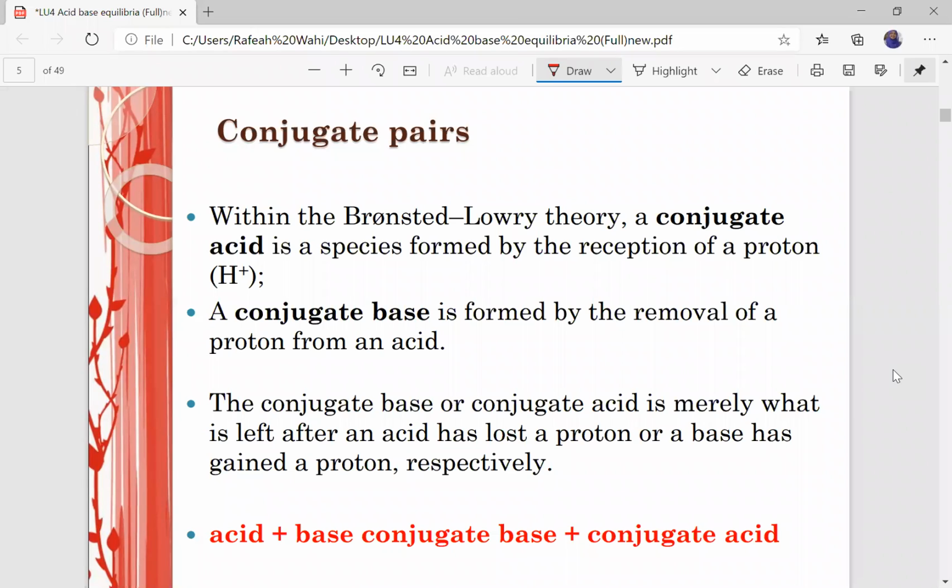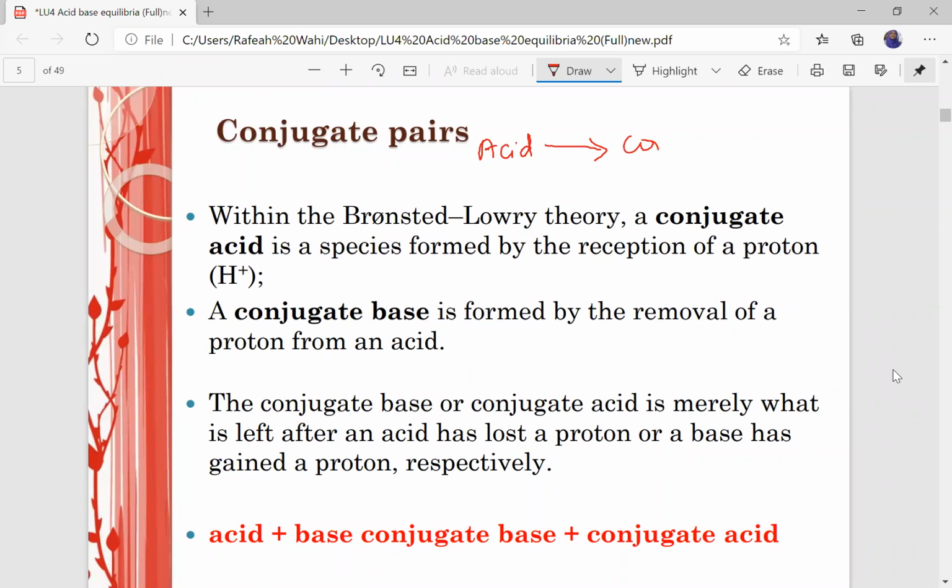So all acids will have a conjugate base, and all bases will have a conjugate acid. It doesn't matter whether you have a weak or strong acid or a weak or strong base, they always have a conjugate pair. Remember, acid will pair with conjugate base and base will pair with conjugate acid.